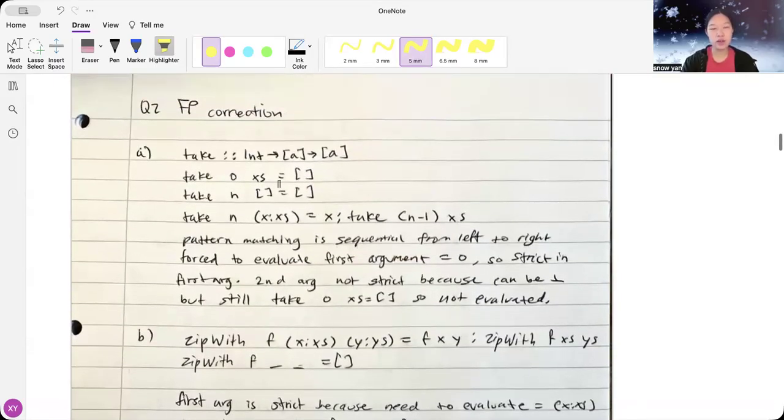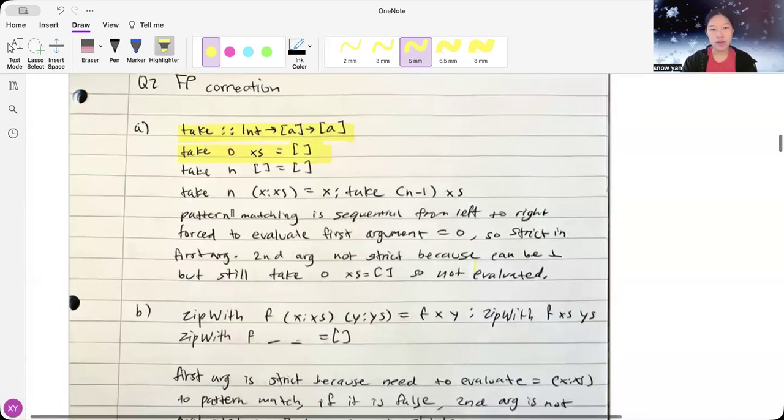Okay, so this is the thing I did for my correction. I know that this is a type, right? So if it was 0, then I would output an empty list because I'm not taking anything. On the second equation, if I'm taking things from an empty list, then I would have an empty list as well, because there's nothing for me to take.